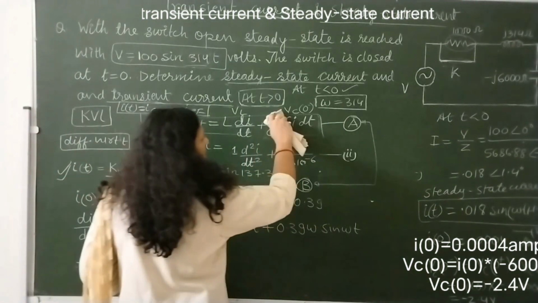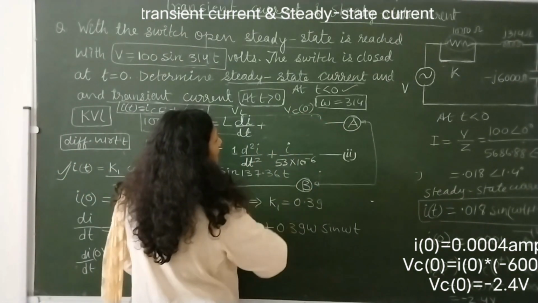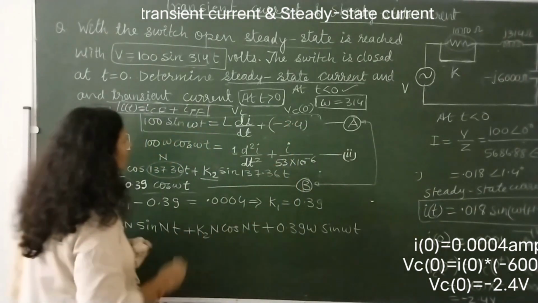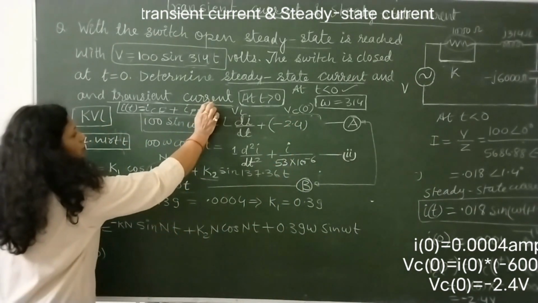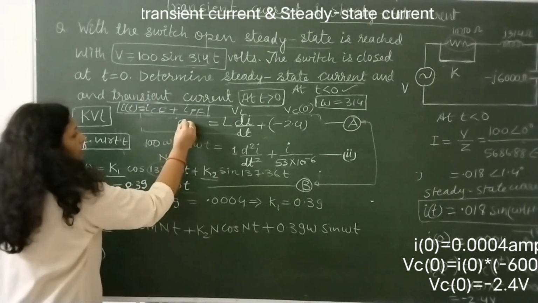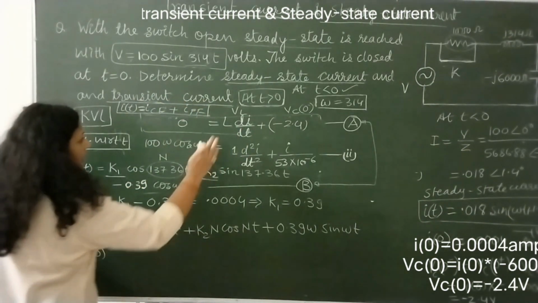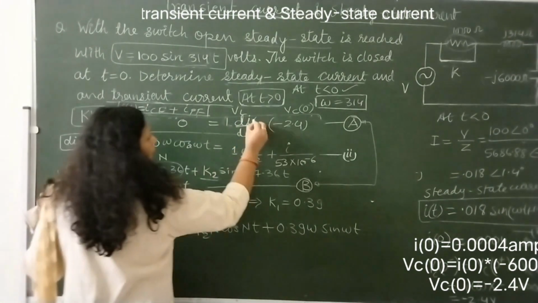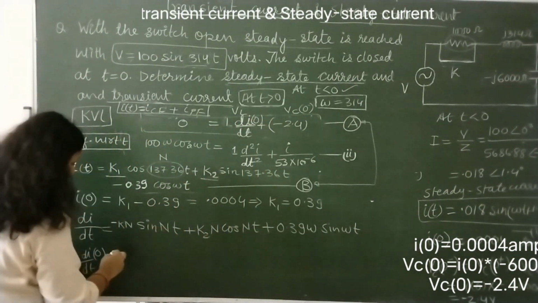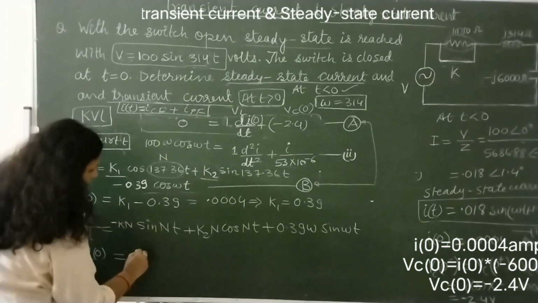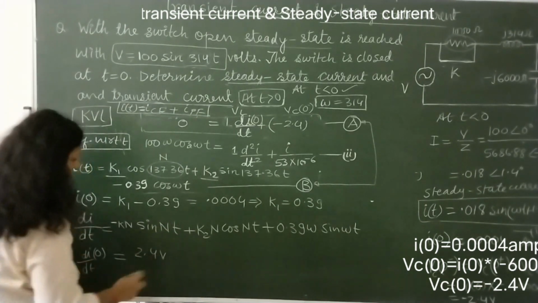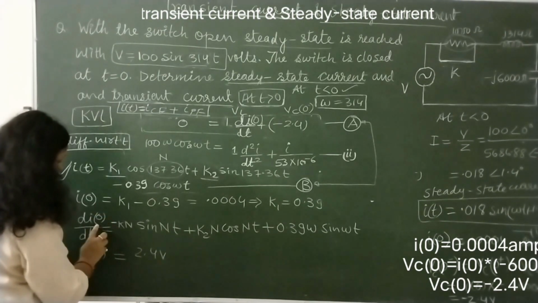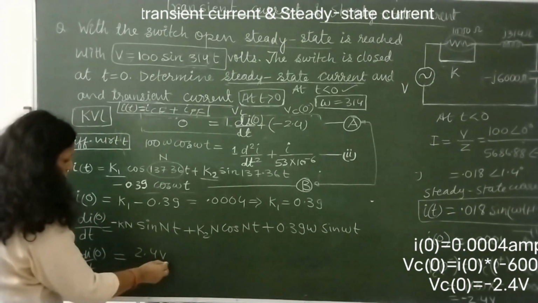So replace this voltage by minus 2.4 volts. This at t is equals to 0, this will become 0. Okay, so by this equation L is nothing but 1 Henry. So here we can find the value of di by dt at 0 is equals to plus 2.4 volts. Okay, so put t is equals to 0 and di by dt at 0 is equals to 2.4.